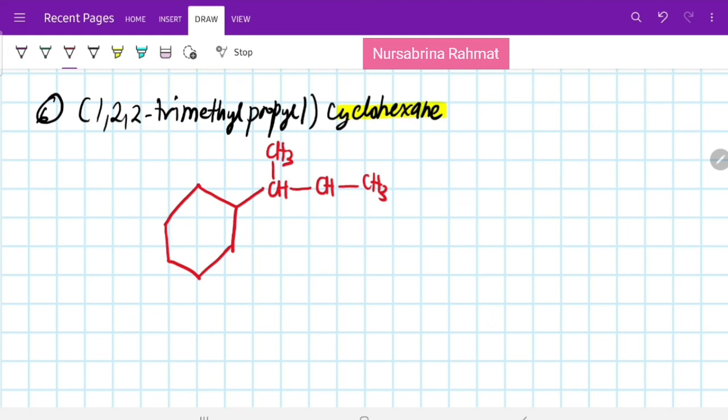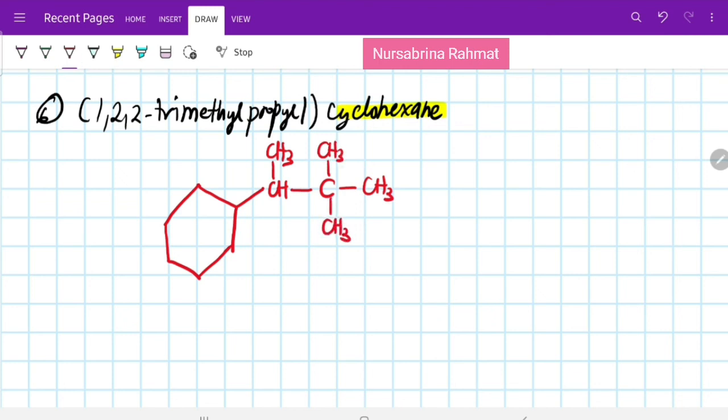1, 2, 3, 4. And then for 2-trimethyl, that means instead of CH here, I only have C and CH3, so C and CH3 at the end. And at carbon number 2, I have 2 CH3.